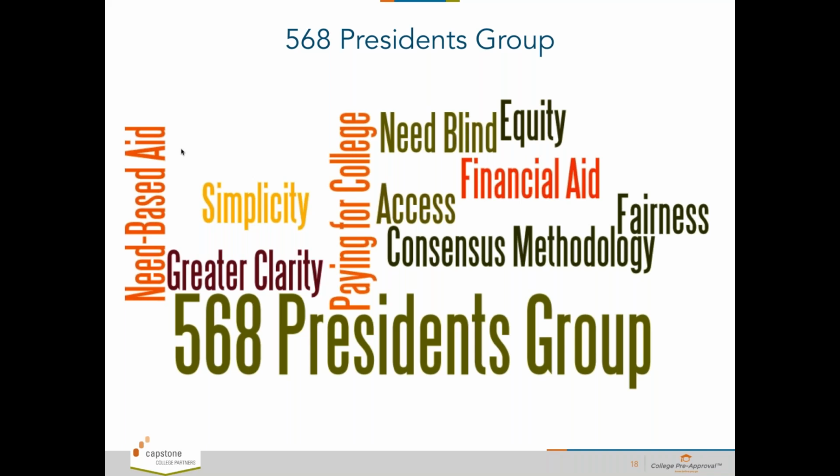A couple other key things with some of these schools to understand with financial aid is I point out the term need blind. It's something that I think gets confused in the process oftentimes. The definition of need blind: really need blind does not have to do with dollars, it has to do with admissions. So what they're saying is we want to admit these students at our schools based on the merit of the student, not based on the fact that mom and dad can pay full price.